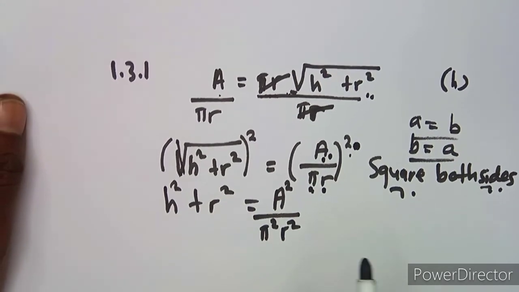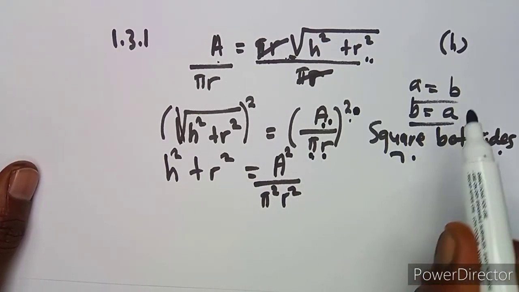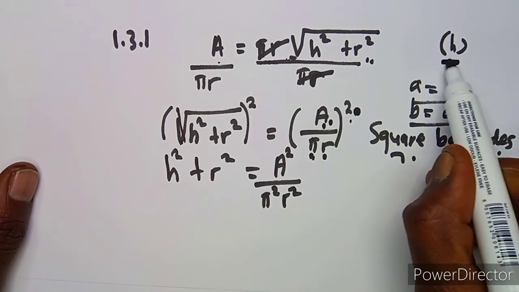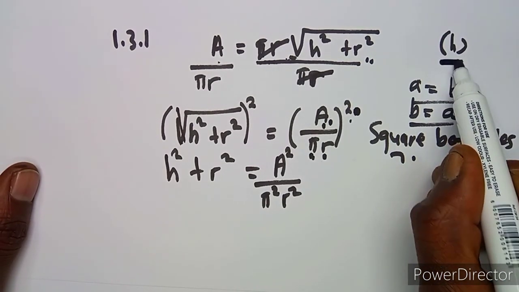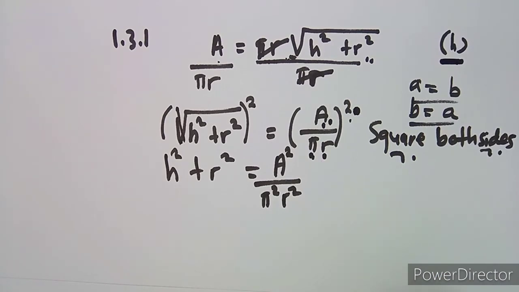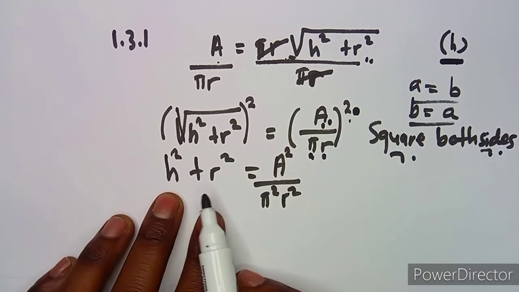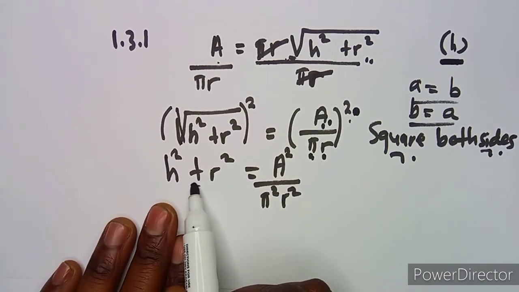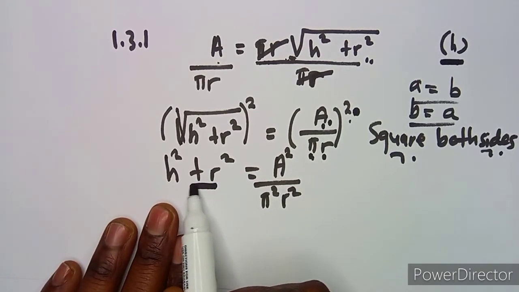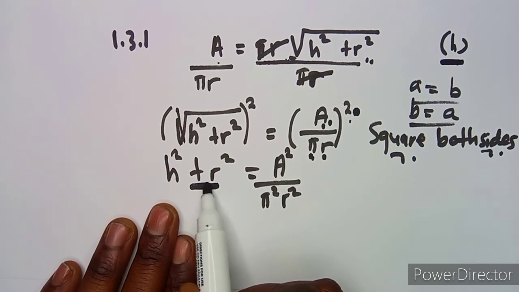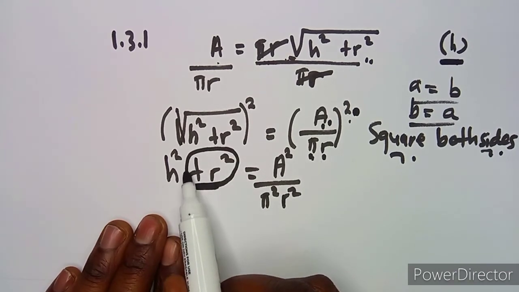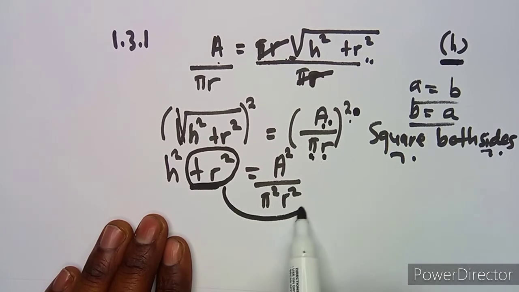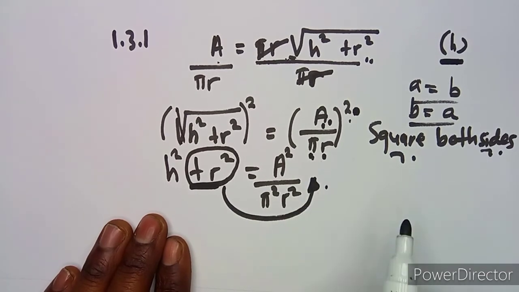Now remember, we have to keep in mind what we are supposed to make the subject. It's h. Now it's out of the square root, it's free from the square root, but there is still something affecting it, which is this plus r squared. So we can just transpose this term to the right hand side.